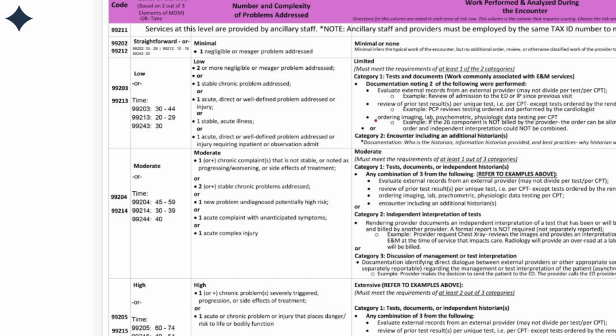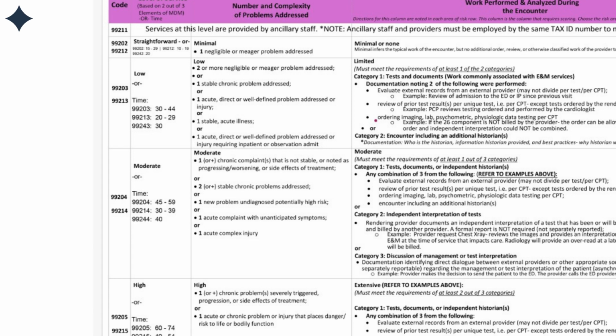Example: uncontrolled diabetes or a single chronic condition, or uncontrolled hypertension or controlled hypertension. Stable, for the purpose of categorizing medical decision making, is defined by specific treatment goals for the individual patient. A patient that is not at their treatment goal is not stable.